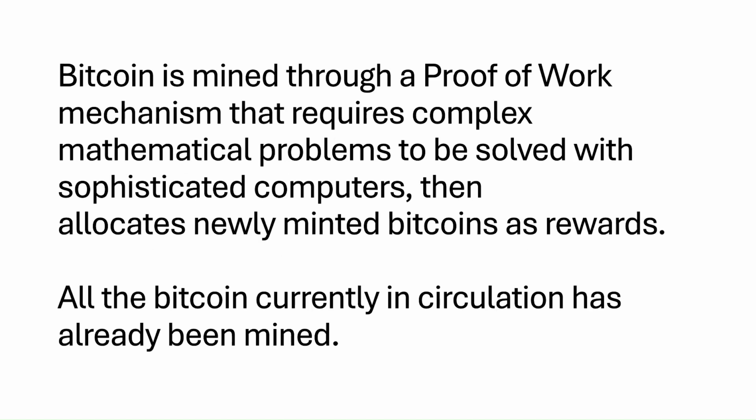Bitcoin is mined through a proof of work mechanism that requires complex mathematical problems to be solved with sophisticated computers, which then allocates newly minted bitcoins as rewards. All the bitcoin currently in circulation has already been mined.